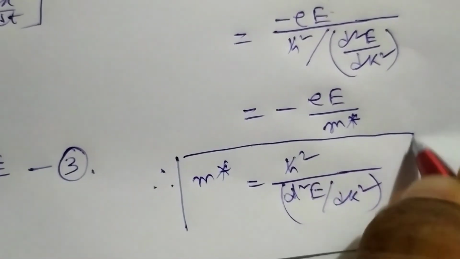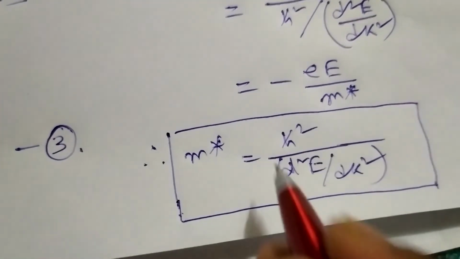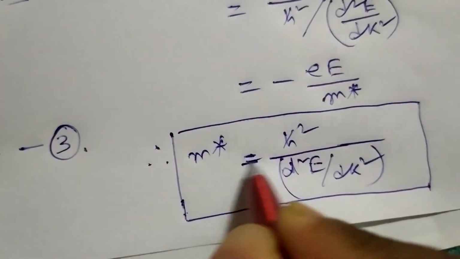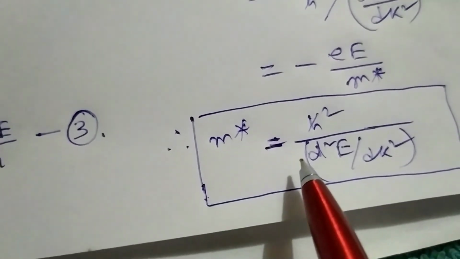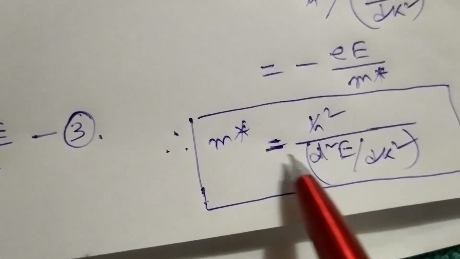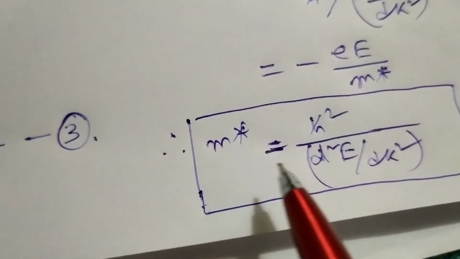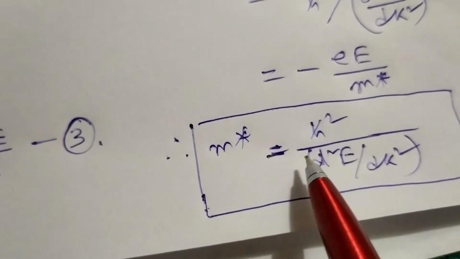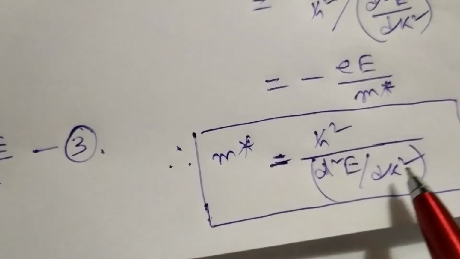This is the well-known expression for the effective mass of an electron. You see that h cut square is constant, so the value of m star depends on the nature of the d2E/dk2 term.